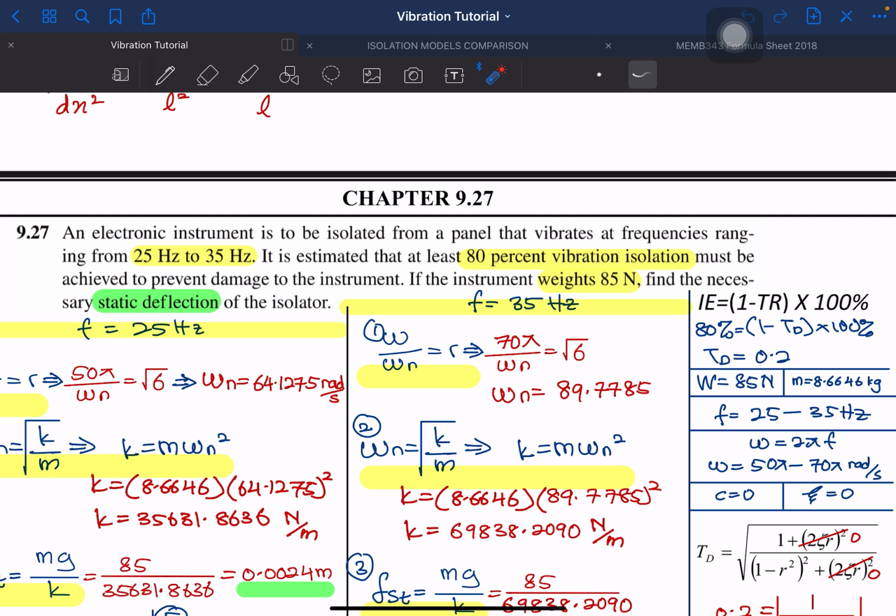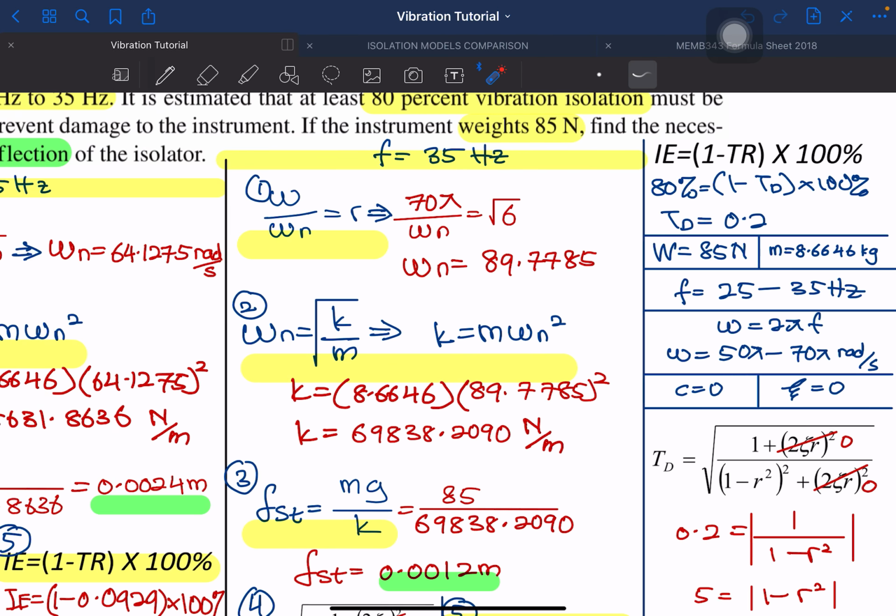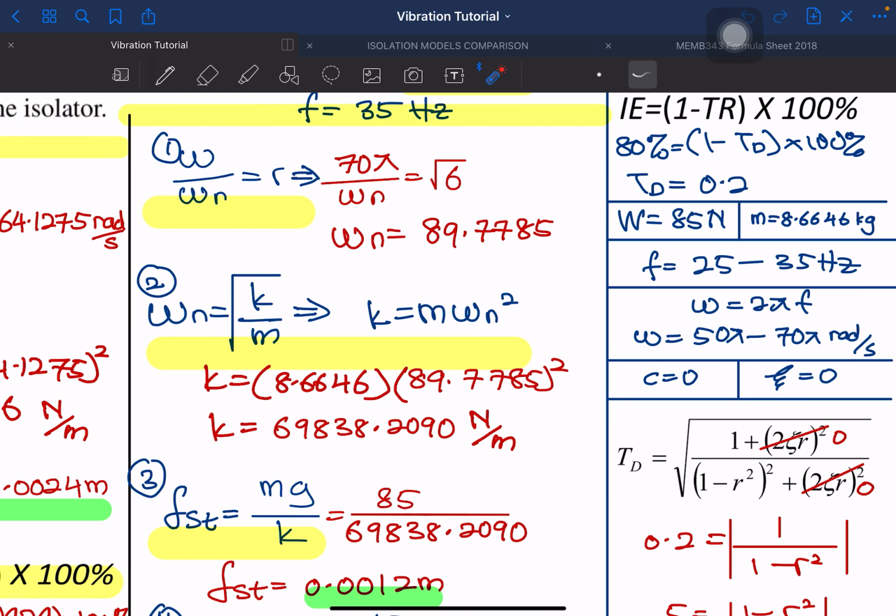That's how I get the mass as 8.6646 kilogram, where gravity is 9.81. The frequency is given as two values, ranging from 25 to 35 Hertz. You can convert both using omega equals 2 pi f. If f is 25, your omega is 50 pi. If f is 35 Hertz, your omega is 70 pi.